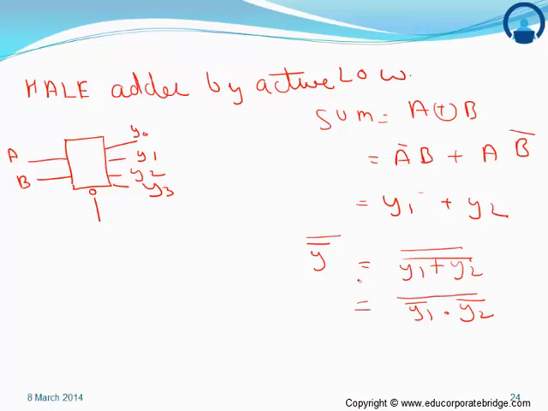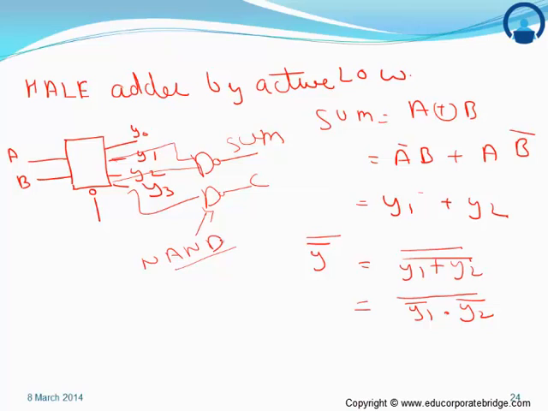So the active low decoder can be implemented for the half adder by using a NAND gate. This is the equation for sum, and similarly this is the equation for carry. So the half adder using an active low decoder is implemented using a NAND gate, and the half adder using an active high decoder is implemented using an OR gate.